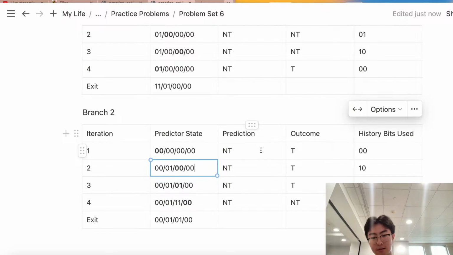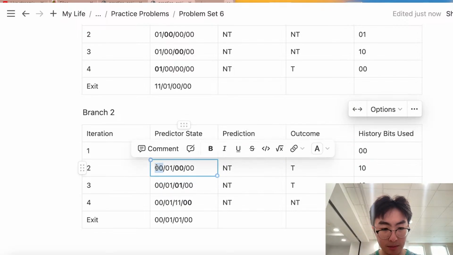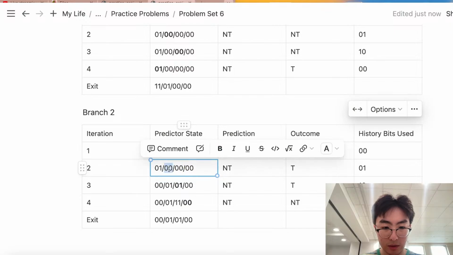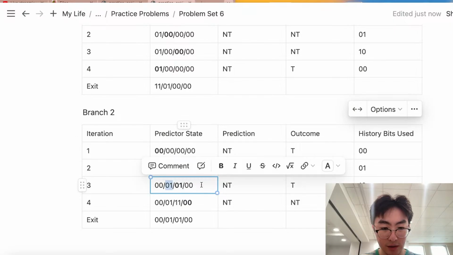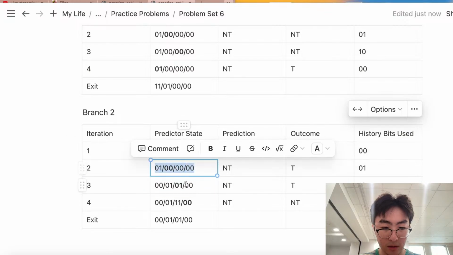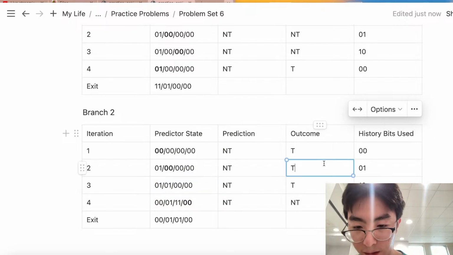Okay, not taken, predict. So the prediction, taken outcome. So this becomes, oops, 0, 0, 1, 0. Then we do 1, 0, 0, 1. There we go. So it's actually this that gets affected, and this will turn to. Oops. So instead of this being bolded, there we go. So now we have that.